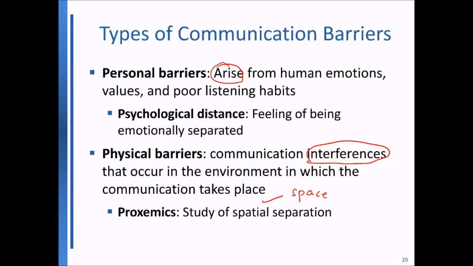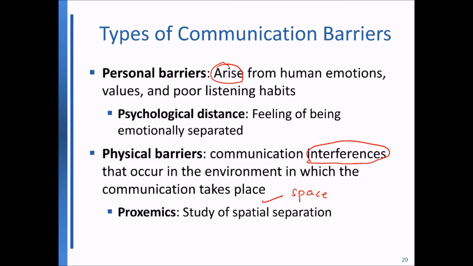For example, I am talking in one room and the other person that I'm talking to is in another room. Can we understand each other when we are talking? Maybe not, because there's a wall that divides us. There is a wall.